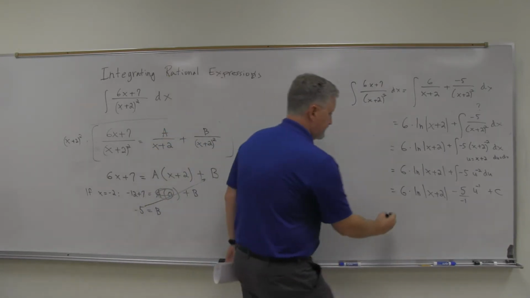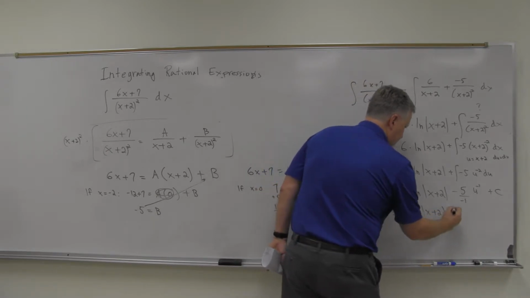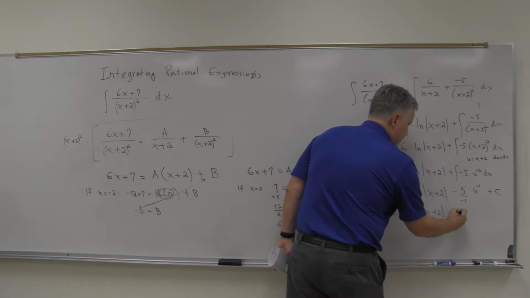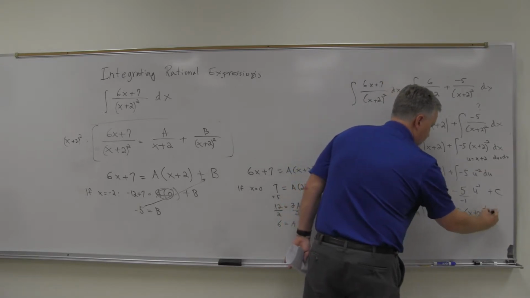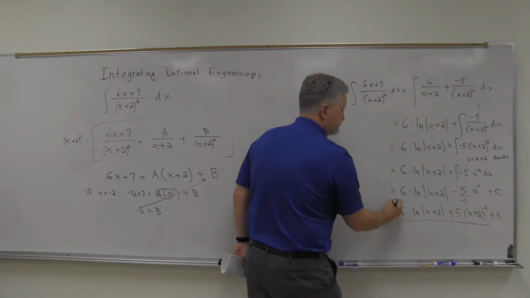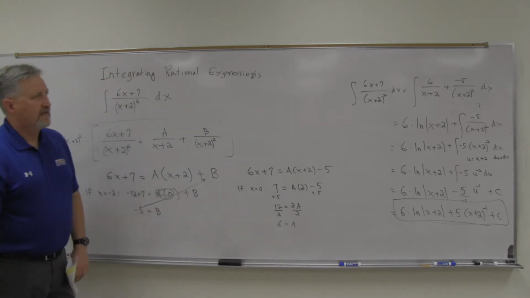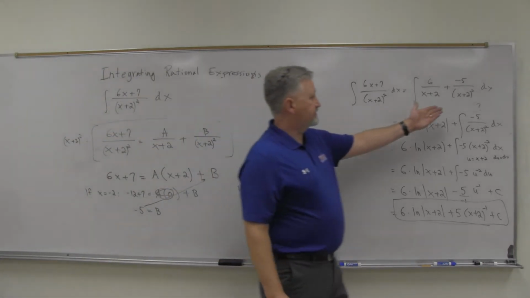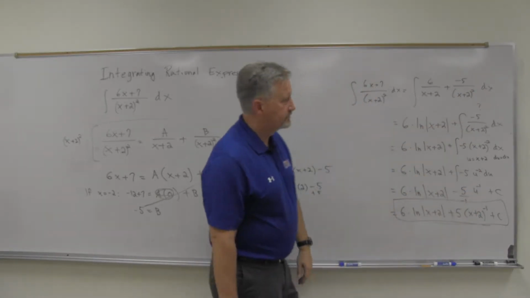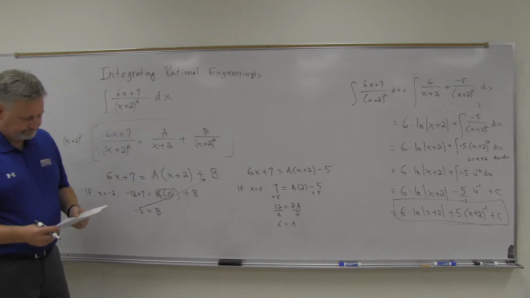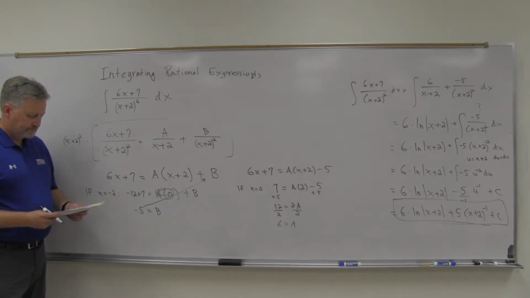So I've got 6 ln of absolute value of x plus 2 plus 5 times u, but u is x plus 2, to the negative 1. Since that was x plus 2 squared in the denominator, it wasn't an ln, but it was just a power rule antiderivative. Not too bad.